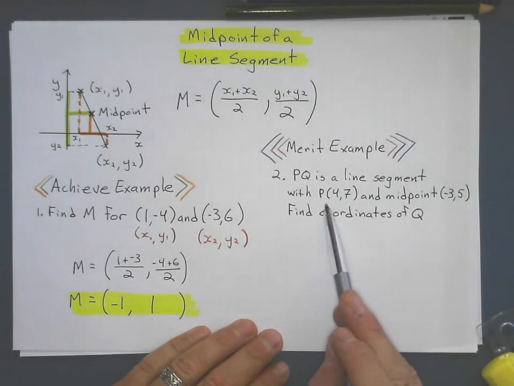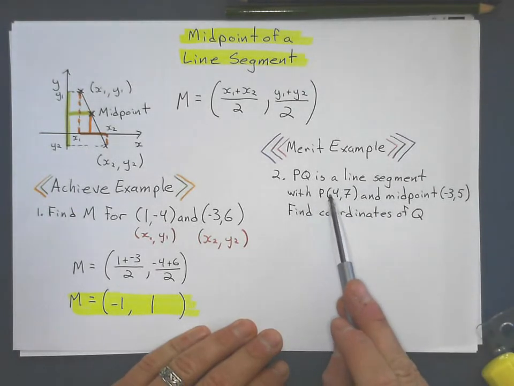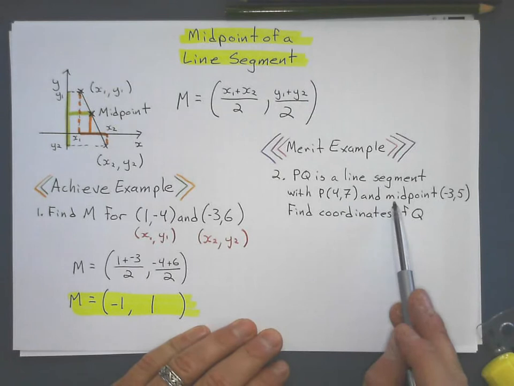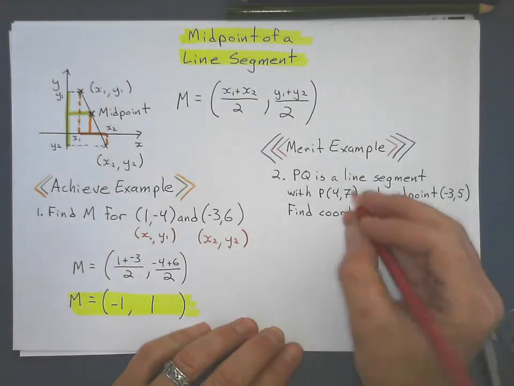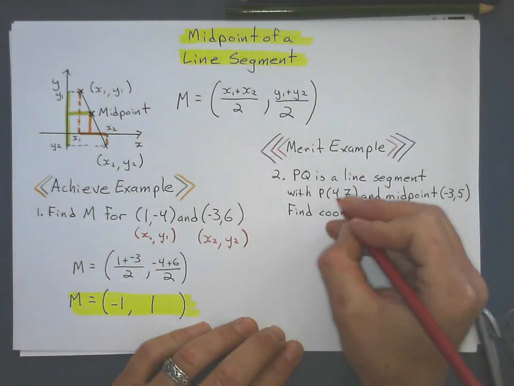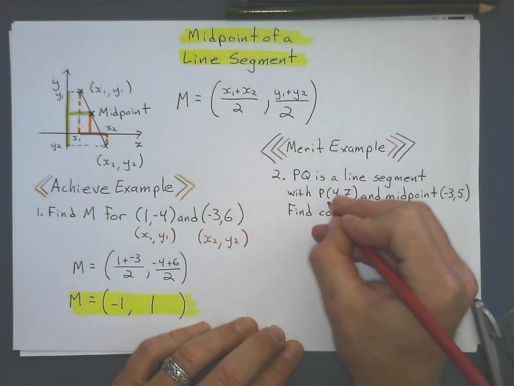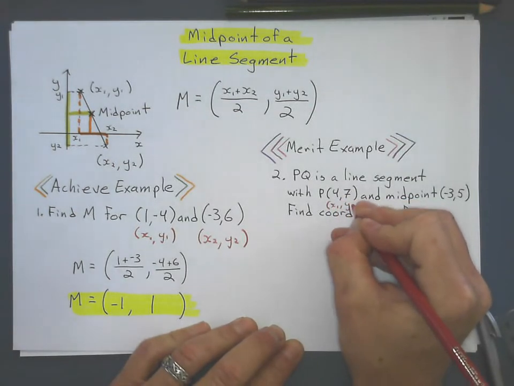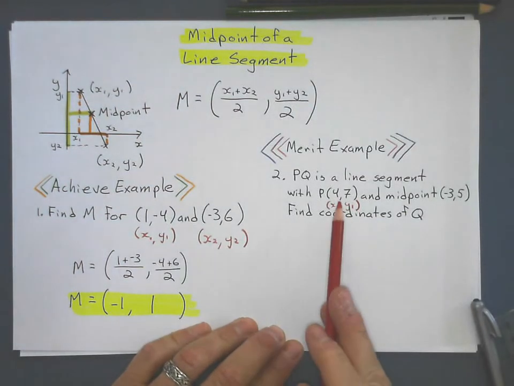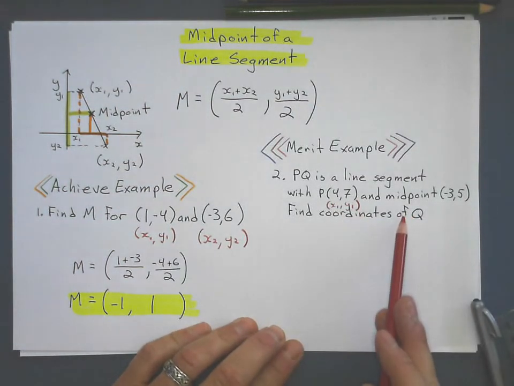Okay, so I'll start working this one out. Since I'm given, I didn't state it in the problem, but that represents an endpoint, and I did say that's the midpoint. So what that means is that this one is the first coordinate of x1, y1. And I want to find the second coordinate of x2, y2.